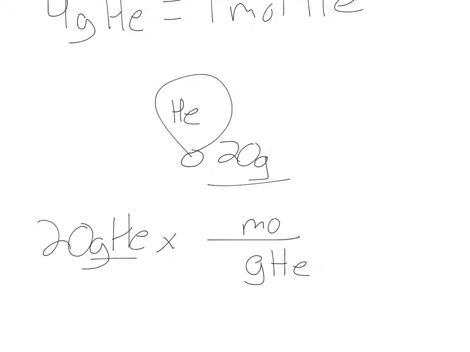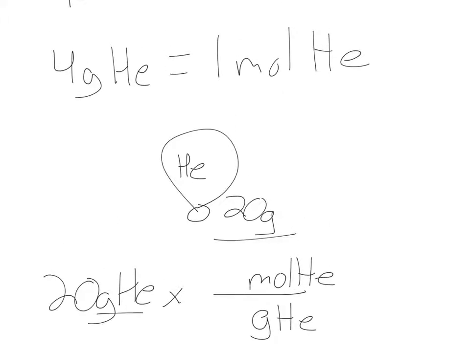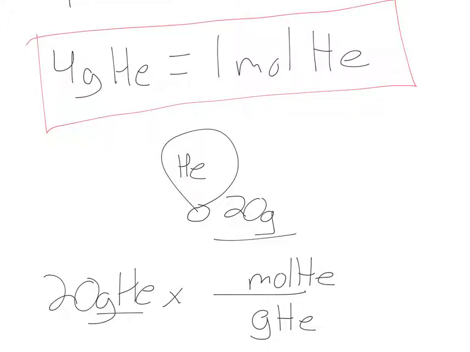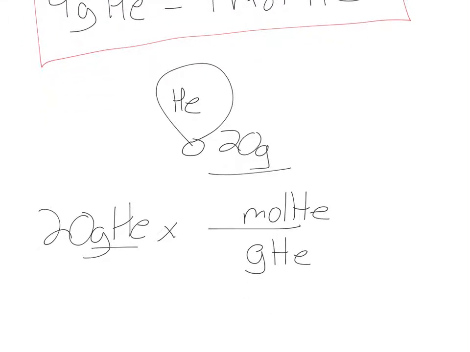I want moles of helium, and I'm going to put that on top. Then I need numbers, and those numbers have to be equal to each other in my fraction. So let's go up to the equal part. Here is what I had. I knew, because of the periodic table, there were 4 grams of helium equal to 1 mole of helium. So, if I come back down here, I can say there are 4, whoops, I put that in the wrong spot.